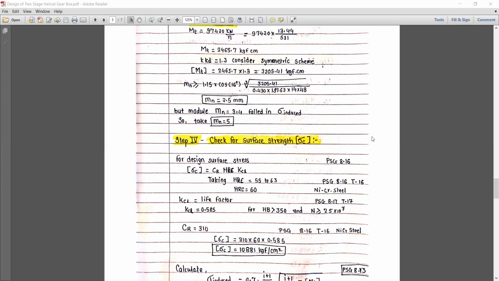Okay, the life factor KCl, from table number 17, PSG page number 8.17, as the strength is lesser than 350 and the number of cycles is 2.5 into 10 raised to 7, the value of KCl is equal to 0.585.